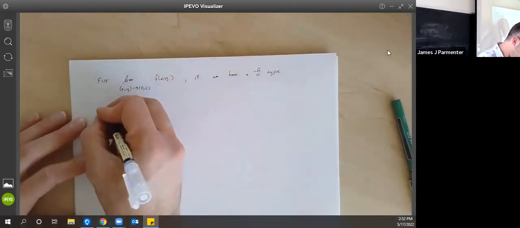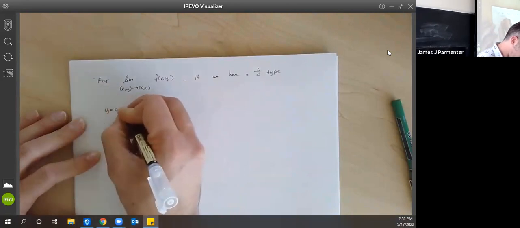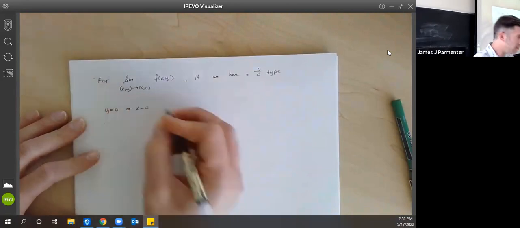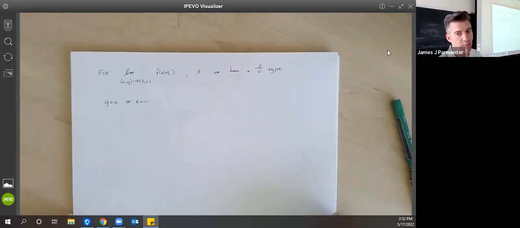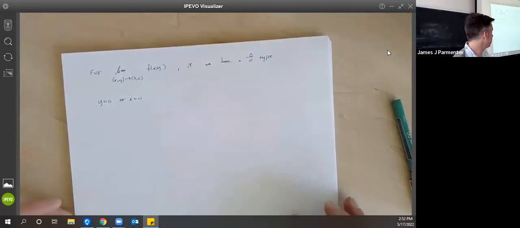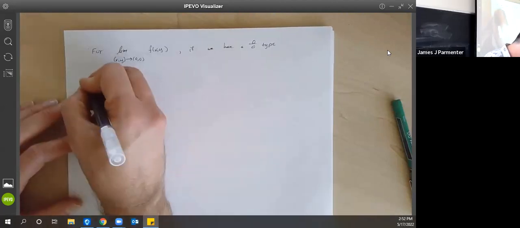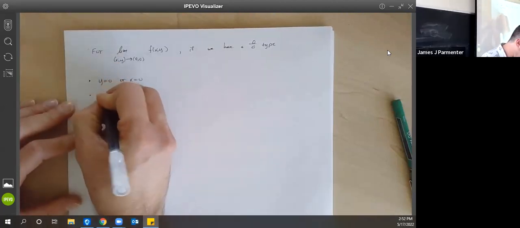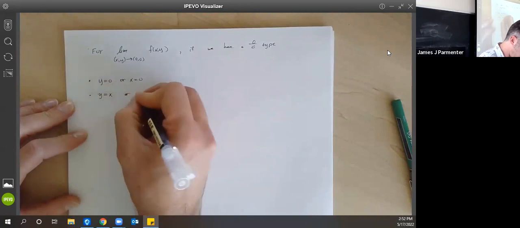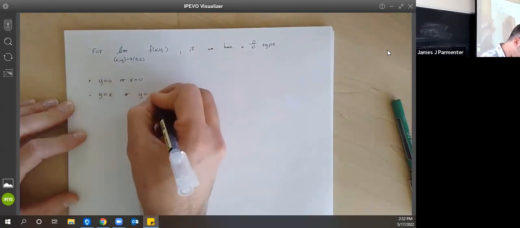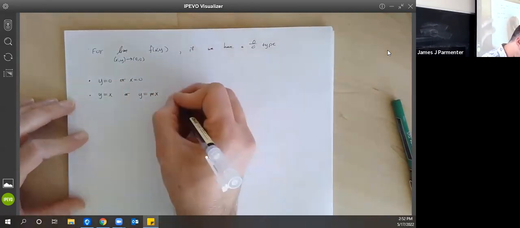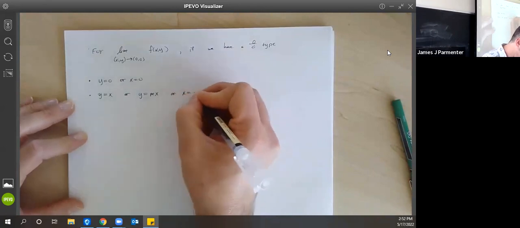So it's often worth trying y equal to 0 or x equal to 0. You might even do both. Most of the time they'll give you the same result, but sometimes they won't. Sometimes they'll literally give you different things and then you're done. And then I would usually try y equal to x or y equal to some multiple of x. Or if you really like, x equal to some multiple of y.